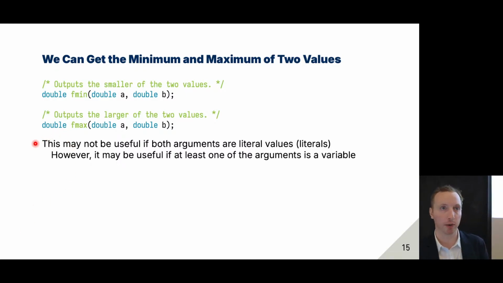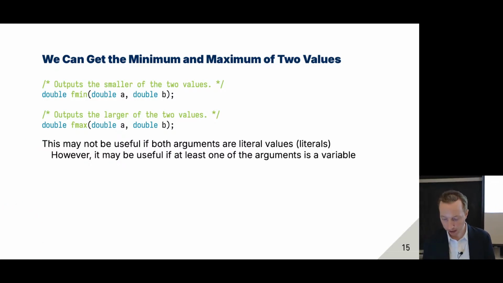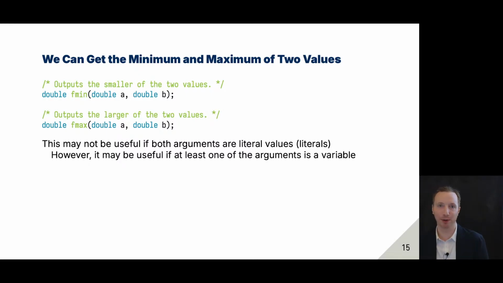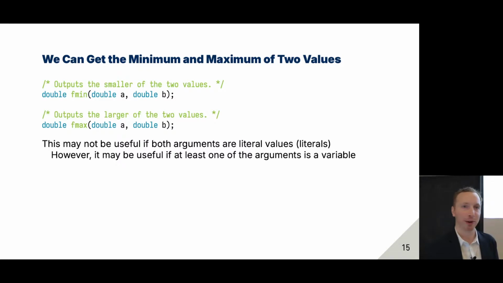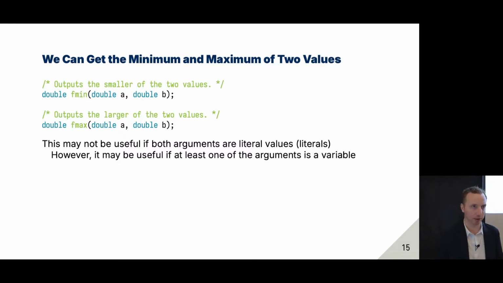So if you need to figure out which of two numbers is larger and which is smaller, that's the easy way to do it. It might not be terribly useful if both are just literal values. If you ask what's the min of 1 and 2, you should probably just write 1, because you can figure that out. But usually these arguments are going to be variables.